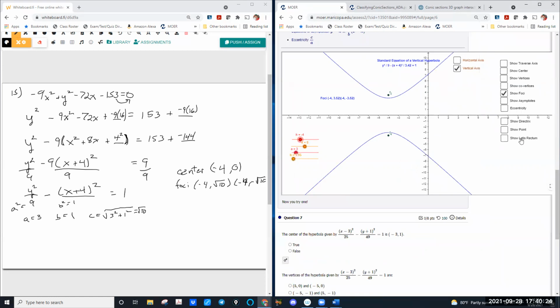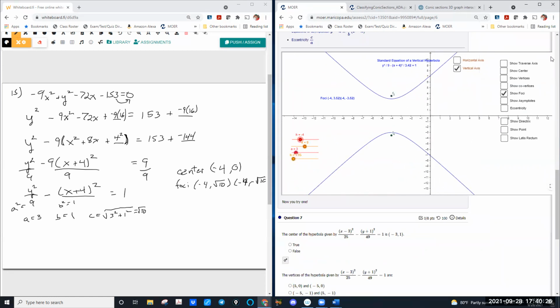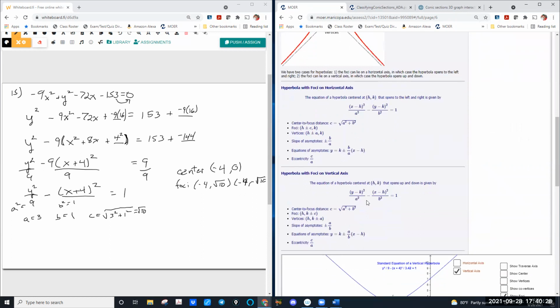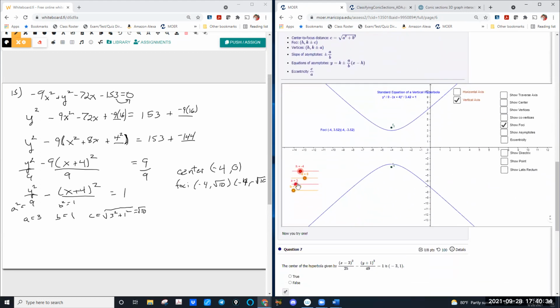Our a, which if we scroll back up, a is under the term that comes first, or the positive term. B is under the negative one. So our a is 1. Our b is 3. All right. And there are foci. 3.16 is roughly the square root of 10. So our foci match up very nicely.